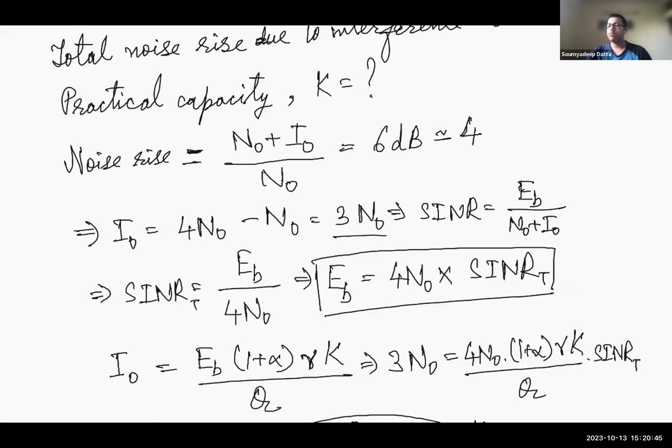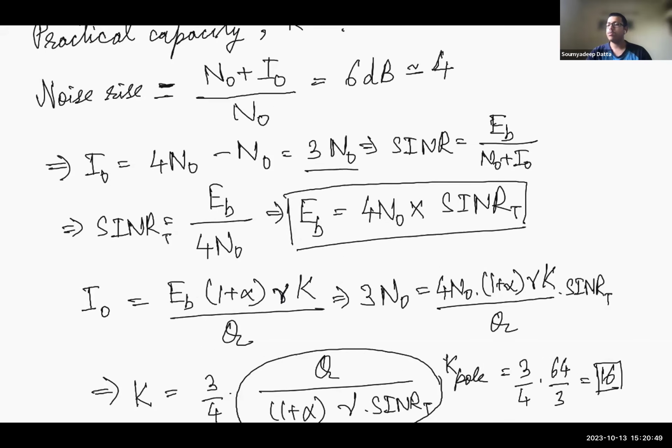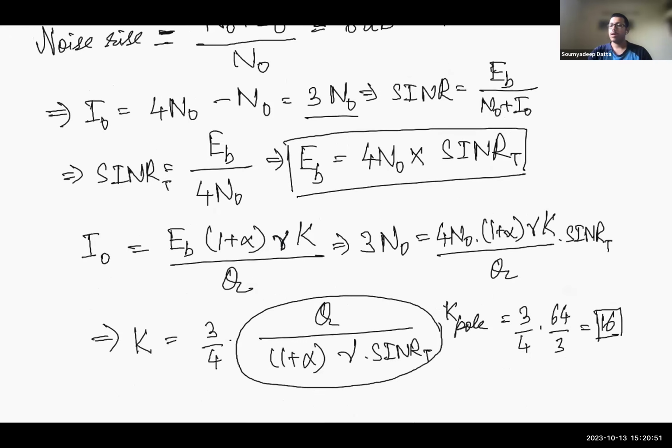And from another formula, you know that I naught, for a multi-cell CDMA system, this is the formula for I naught. You have your signal power times this 1 plus alpha factor, because you have intracell plus intercell interference.